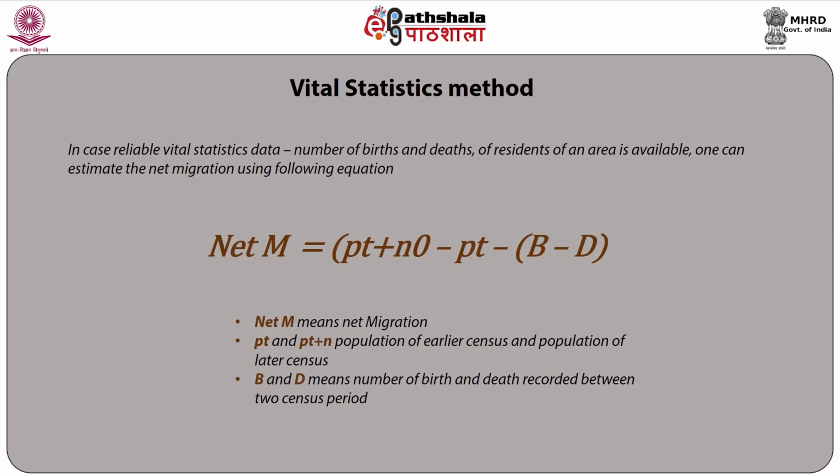Net migration, Net M, is equal to (Pt+n minus Pt) minus (B minus D), where Net M means net migration, Pt and Pt+n are the population of the earlier census and the population of the later census, and B and D mean the number of births and deaths recorded between the two census periods.